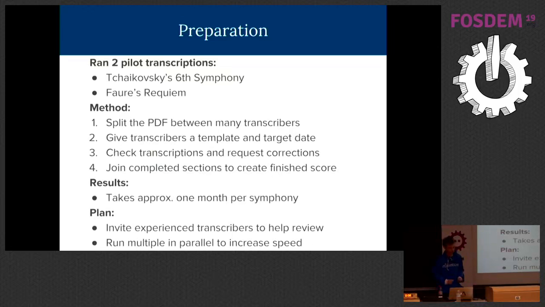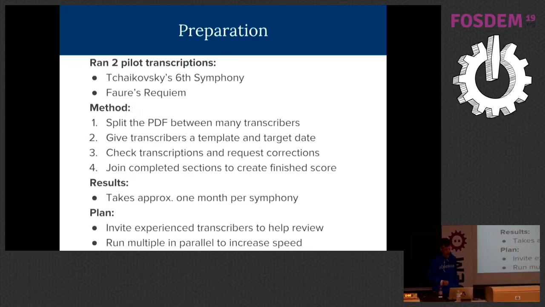The method was that we would take an IMSLP PDF and break it up into chunks of a few pages, send them out to MuseScore users who would transcribe these pages, and then we would check them to see whether they were accurate with the original, and if not, we'd request improvements and send them back. Once they were all finished, we'd join them together to create a finished score.